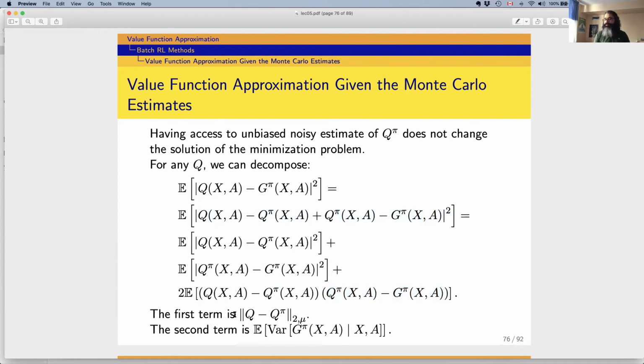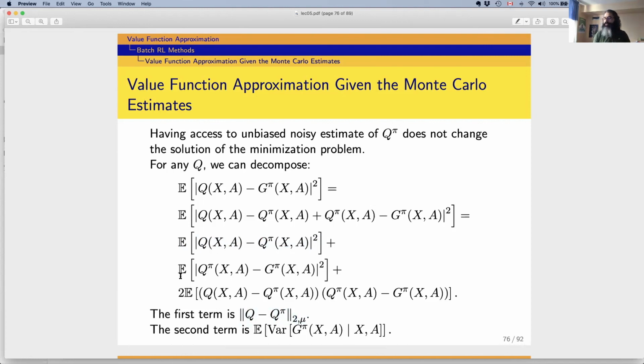The first term is essentially the squared L2 norm of Q minus Q^pi according to the distribution mu. This expectation and the L2 norm are by definition the same.